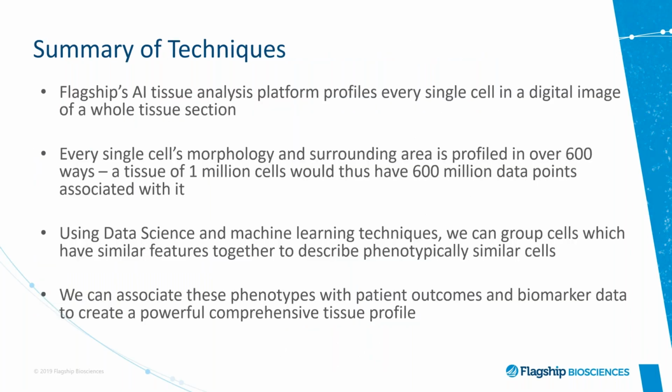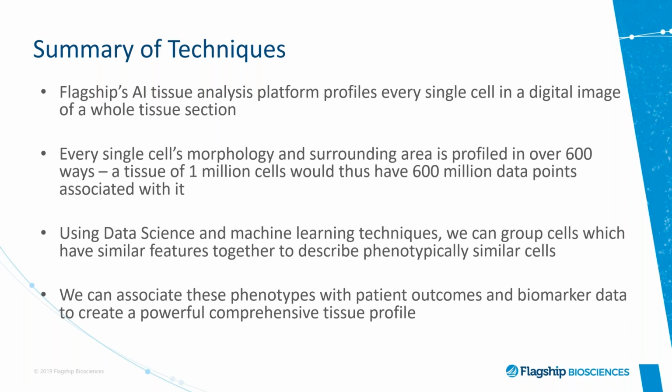In summary, Flagship artificial intelligence tissue analysis profiles every single cell in the digital image of the whole tissue section. Every single cell's morphology and the surrounding area is profiled in over 600 ways.